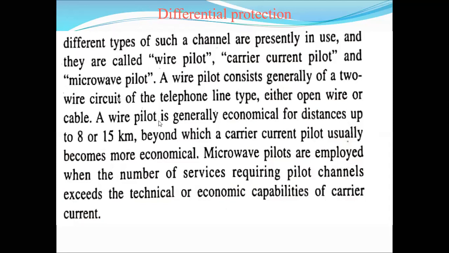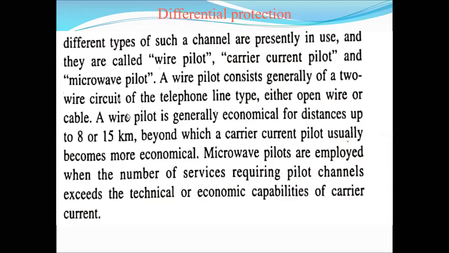That means the differential current is obtained, and it flows through this tripping coil. The tripping coil is energized, it closes the tripping circuit, and it gives the indication to the circuit breakers. This is the differential pilot wire protection of a feeder line.